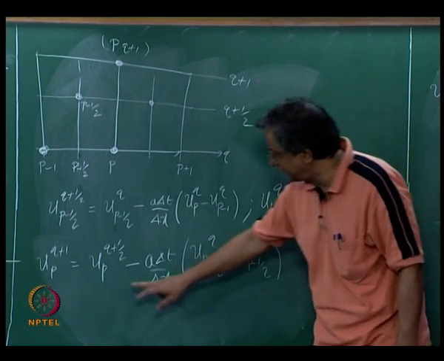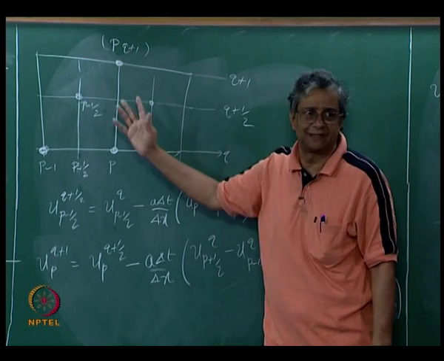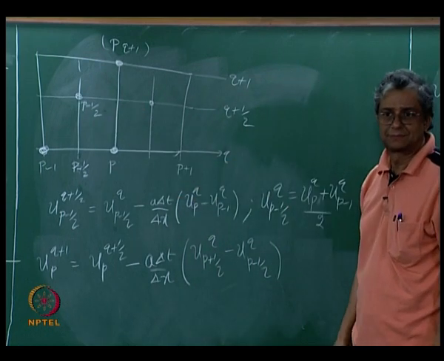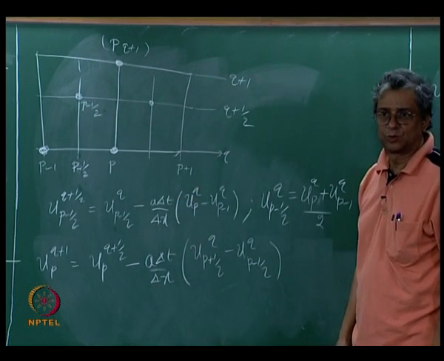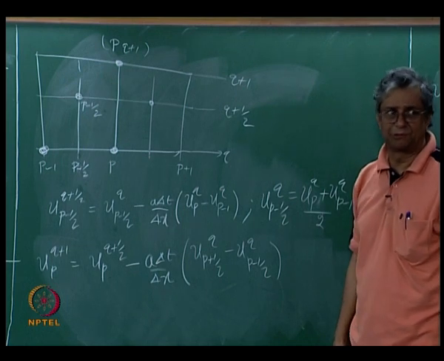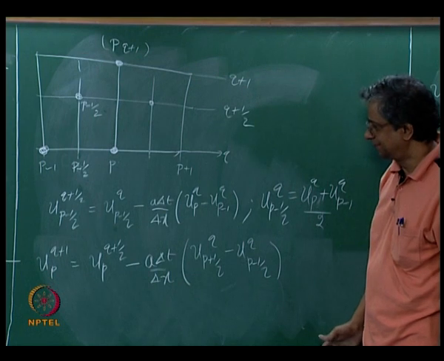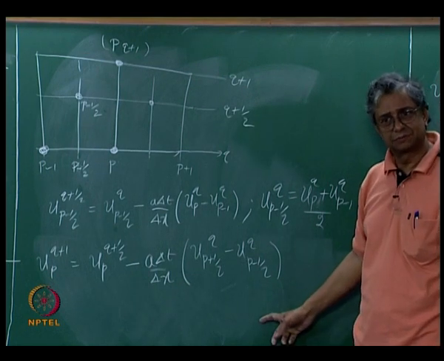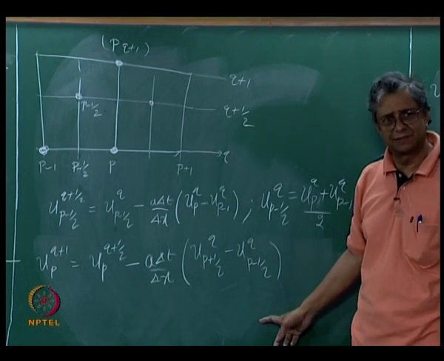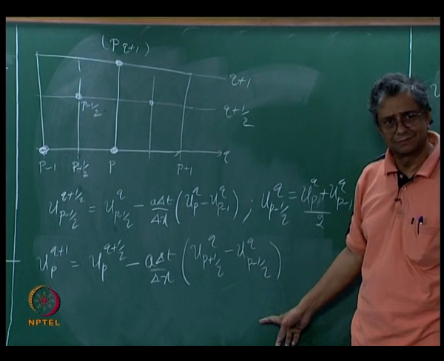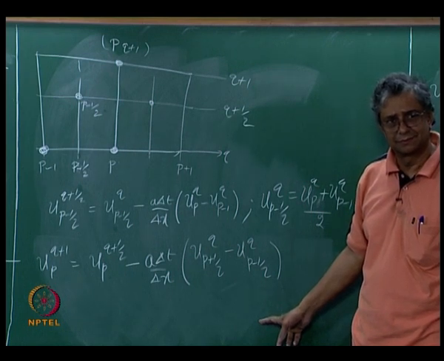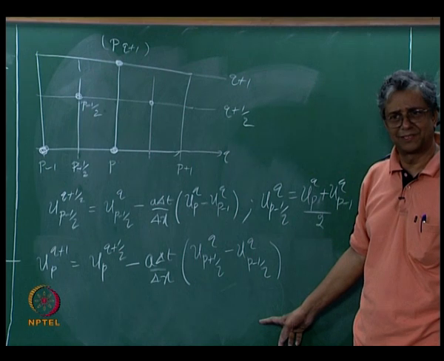And any time you need to find this intermediate value, if you do not know it, take the average of the neighbors. Okay, everyone, it is fine. So do you expect this to be stable using FTCS? You expect it to be unstable.